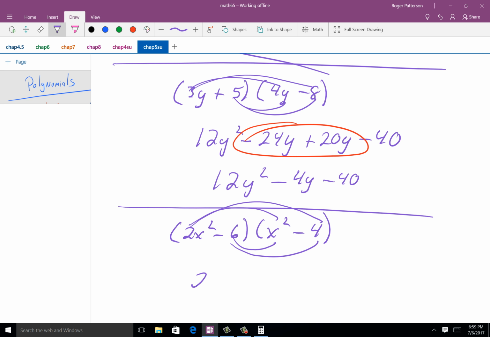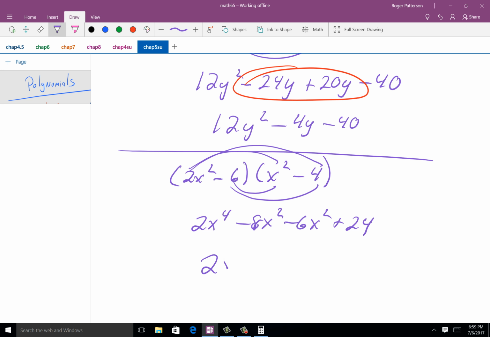I'm going to multiply this: 2x to the 4th minus 8x squared minus 6x squared, minus 24. Combine the stuff in the middle. I'll give you an example where stuff in the middle doesn't combine. Okay? That's all there is to FOILing. You're just double distributing. You're multiplying.